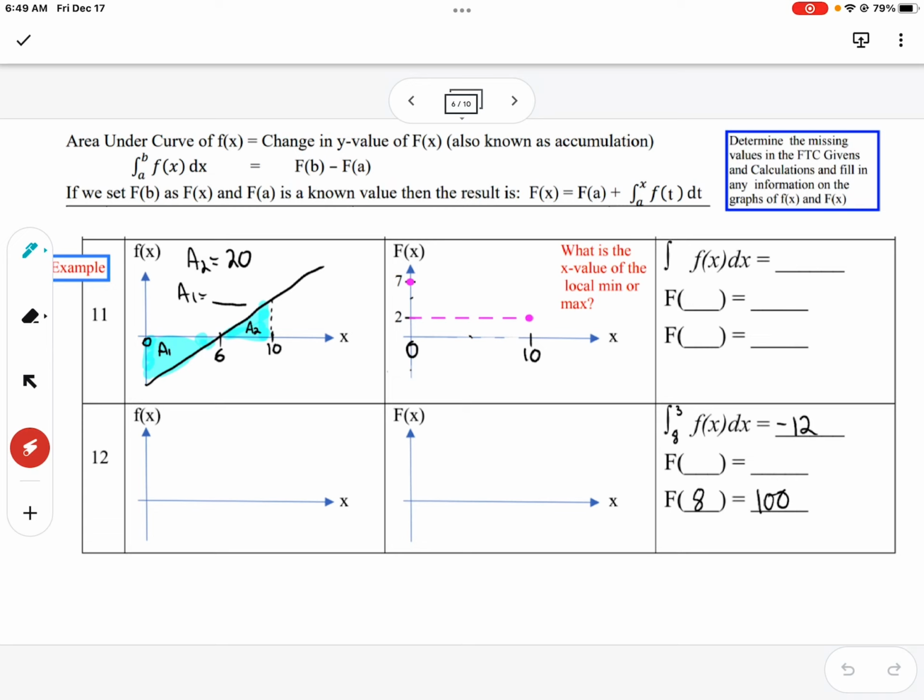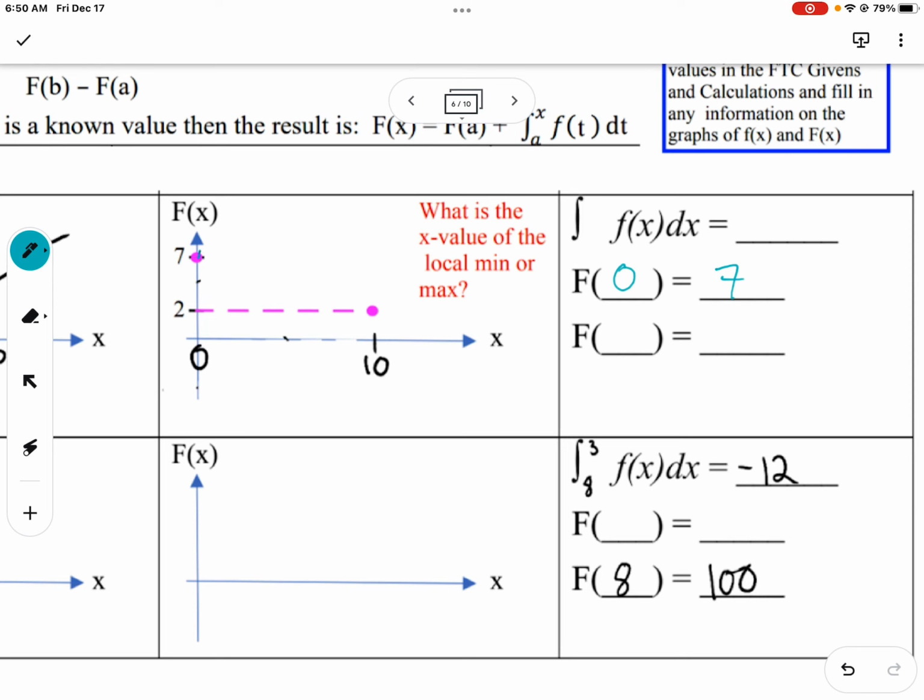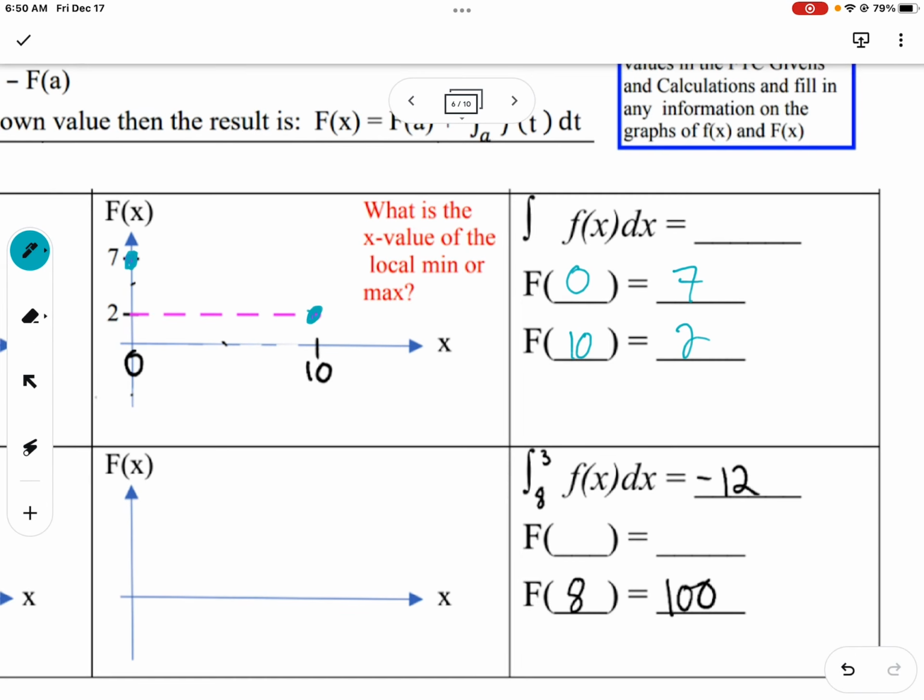So big F at 0 is 7. Okay, that's that ordered pair there. And I know big F at 10 is 2. That's that ordered pair there. And so I can see that it changed by -5. Okay, the y value changed by -5.